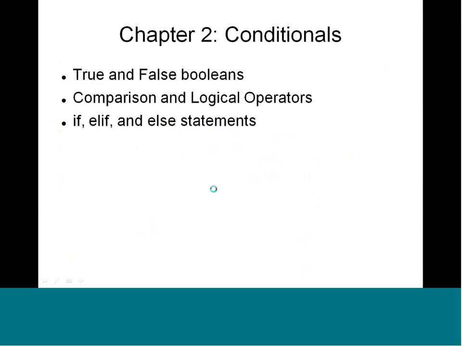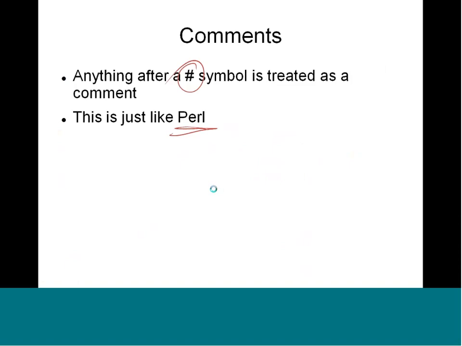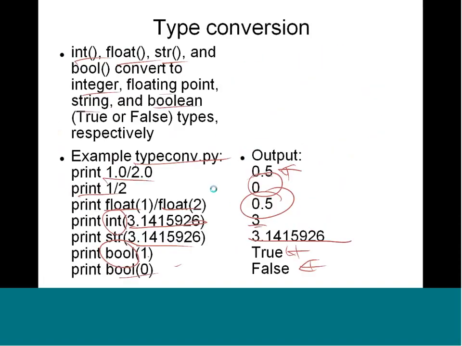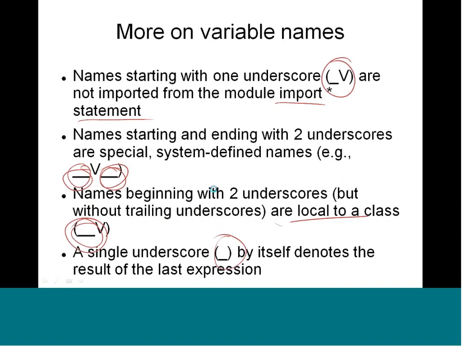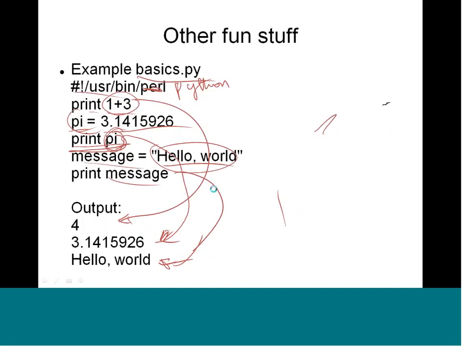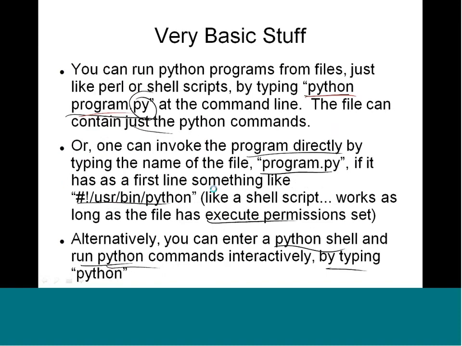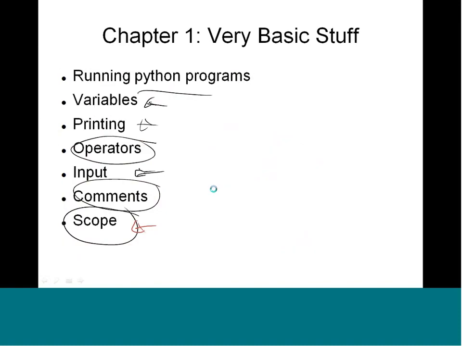So today we will be continuing our discussions. Just a recap: in the first lecture we saw several topics. I just wanted to run through several of them. I hope you remember all these things. We started with some basic stuff, how to run Python programs. We talked about variables. We talked about how to print, and what the operators in Python are.